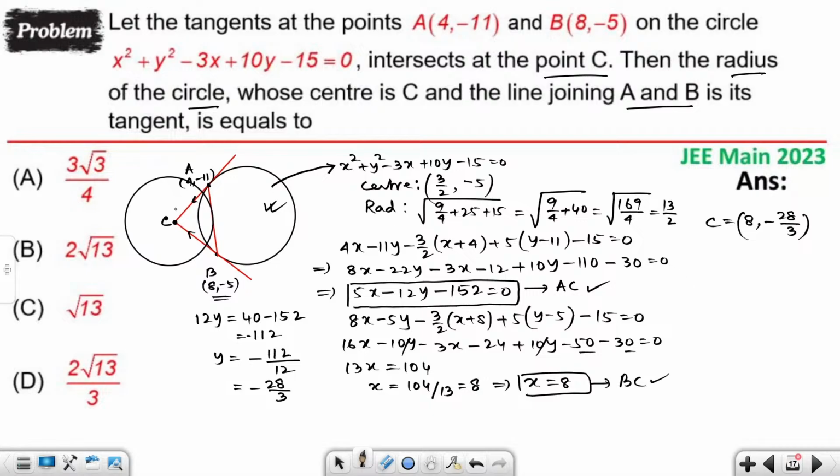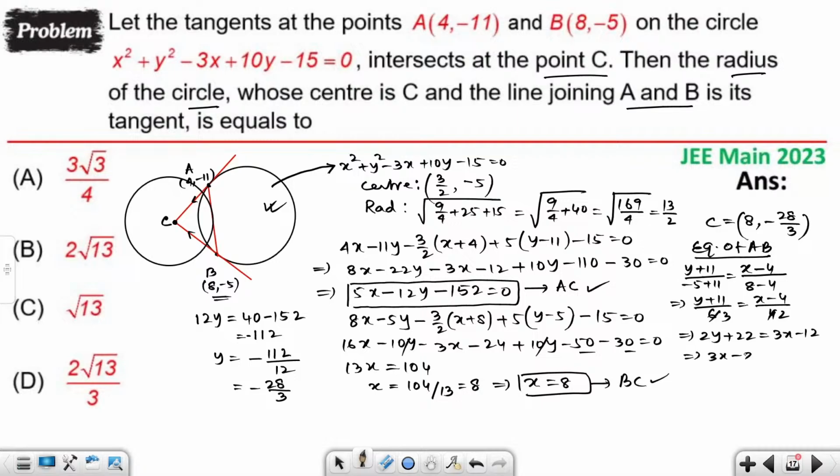Clear? Now, I have to find out its radius. Now, this AB, what is the equation of AB? Simply use two-point form. So we are getting, simply cross multiply, 3x minus 2y equals 34, right?